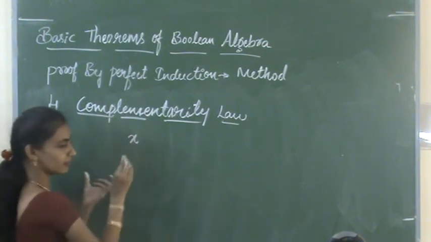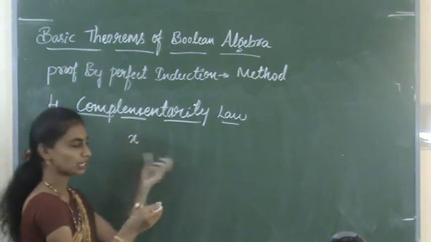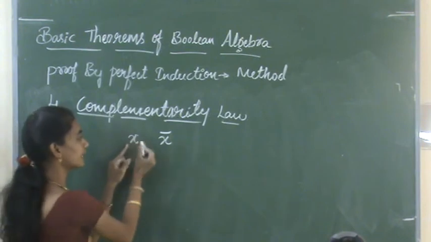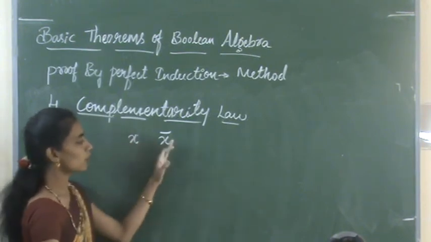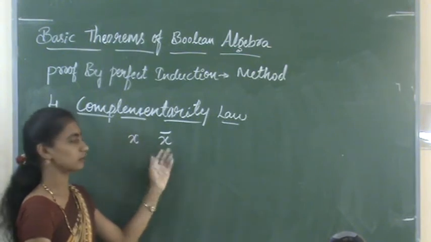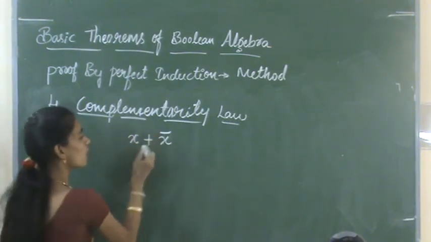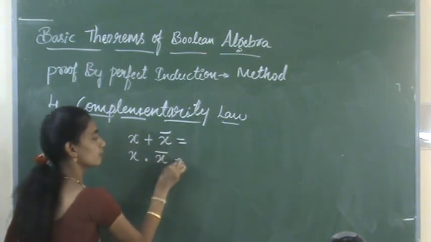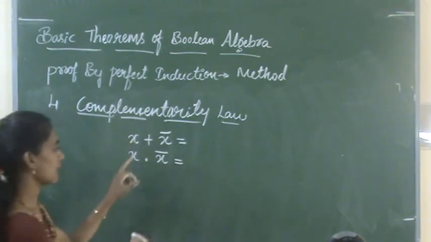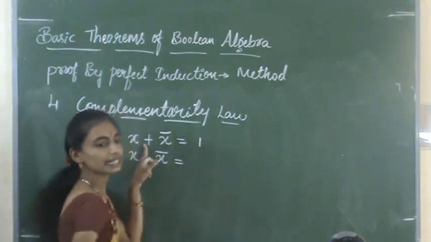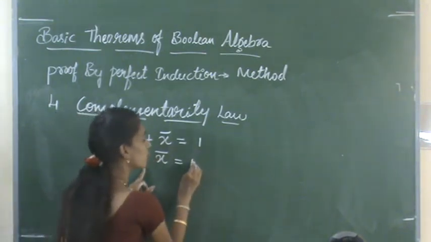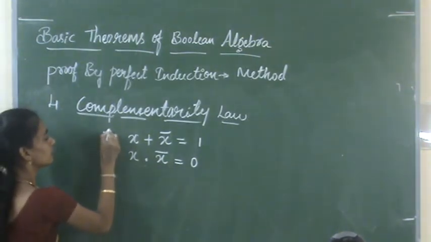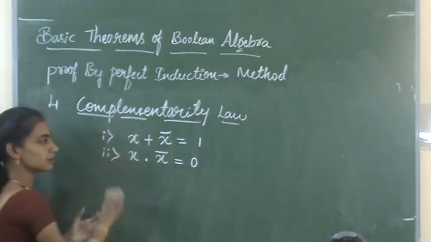If we are taking one variable, it will be combined with the complement of that variable. We are taking variable x, so that will be combined with the complement of that variable, x bar. We can use the OR operator or the AND operator. If we perform OR, we get the result 1. If we perform the AND operation, we get the result 0.